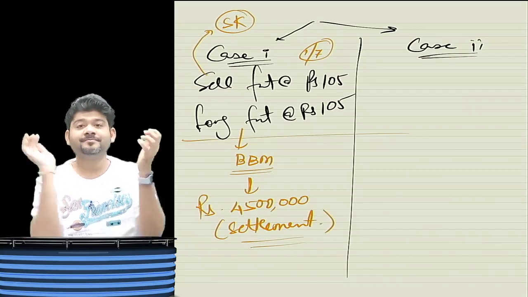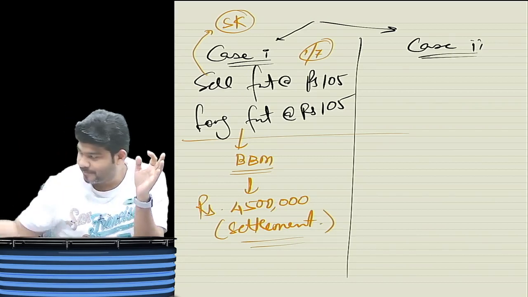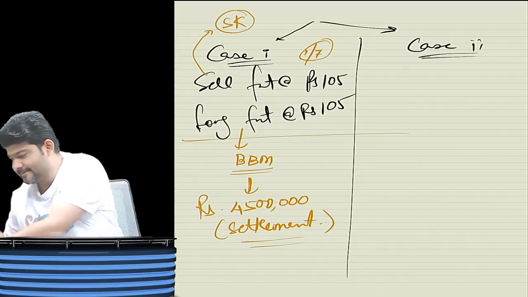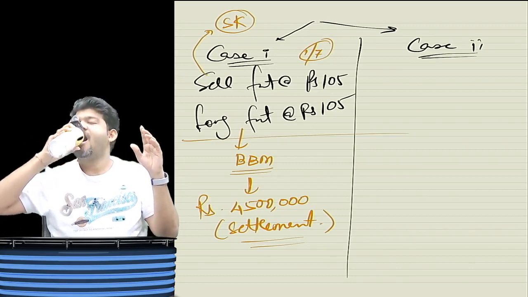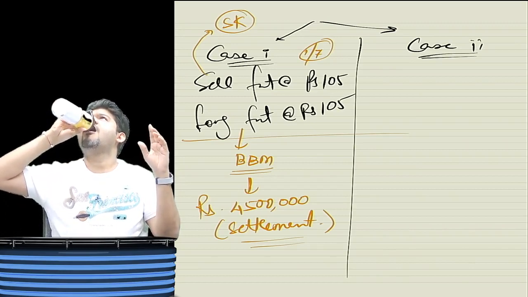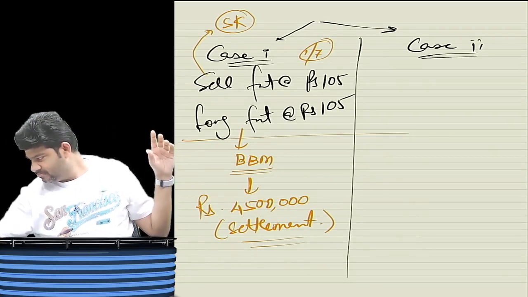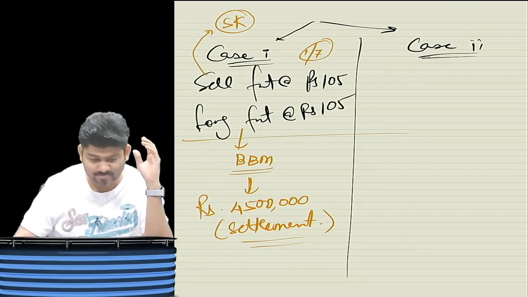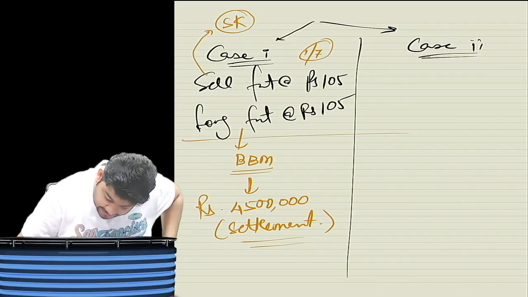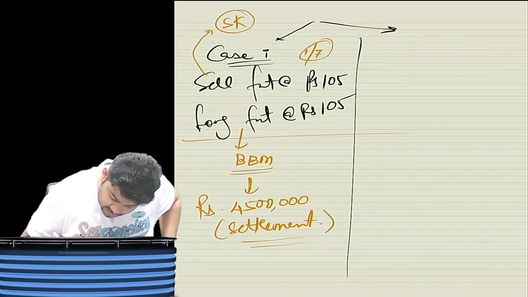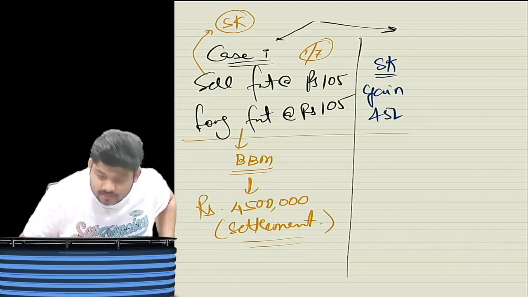Who will give to whom? Tell me. Who will receive? Who will pay? Can I say, see, there is a stock exchange in between. So Mr. Sankalp gains 45 lakh.